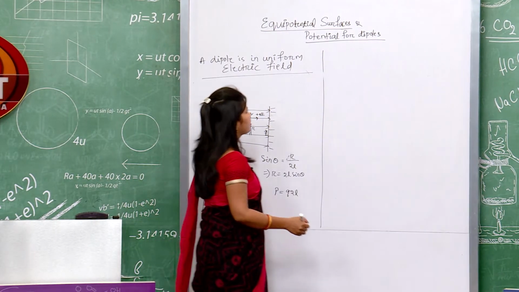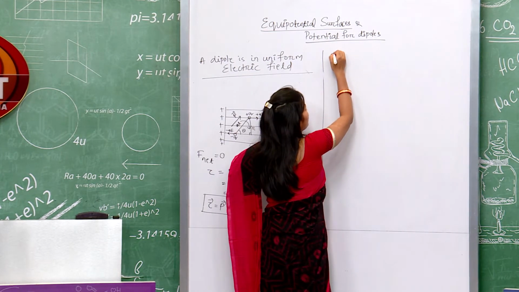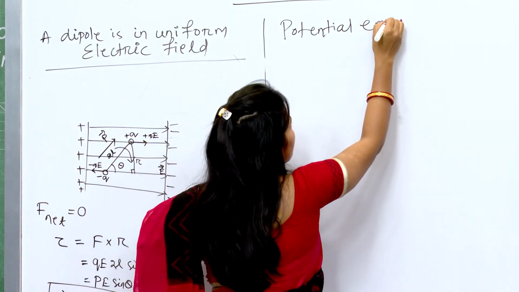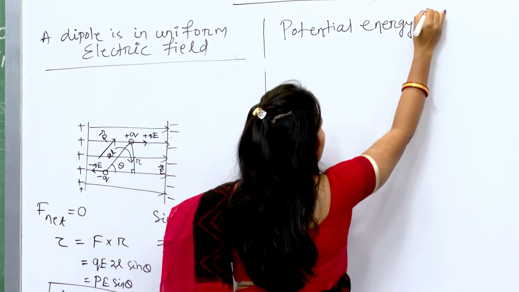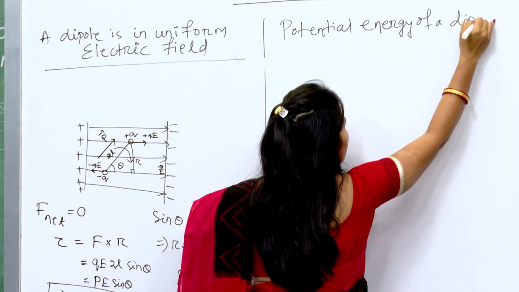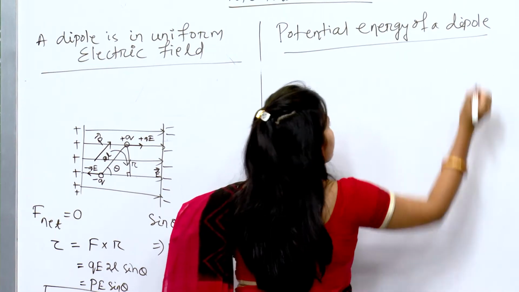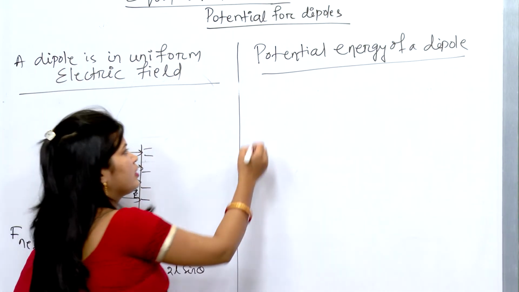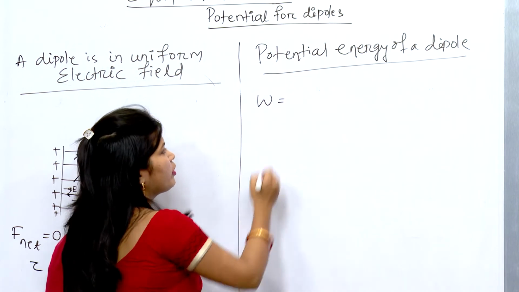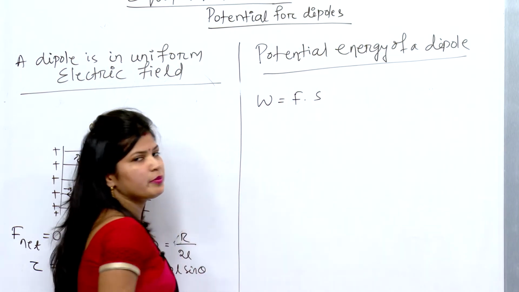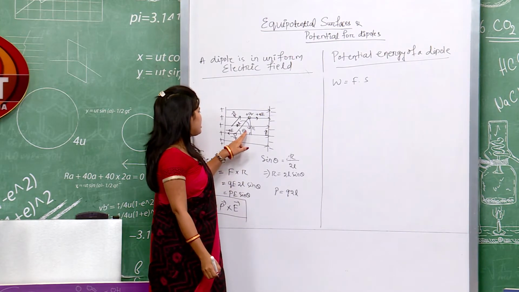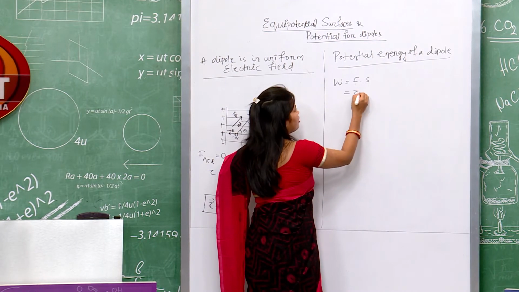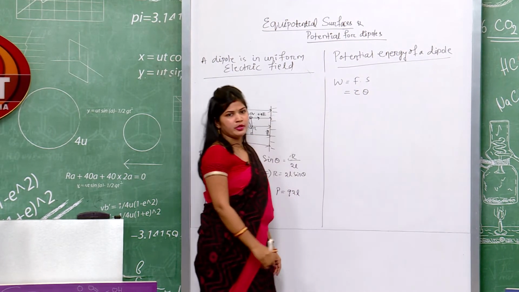Now, we will discuss the potential energy of a dipole. We know that work done is stored as potential energy. Work done is force into displacement, but here as there is no net force, we have to put the formula in terms of torque into angular displacement theta.